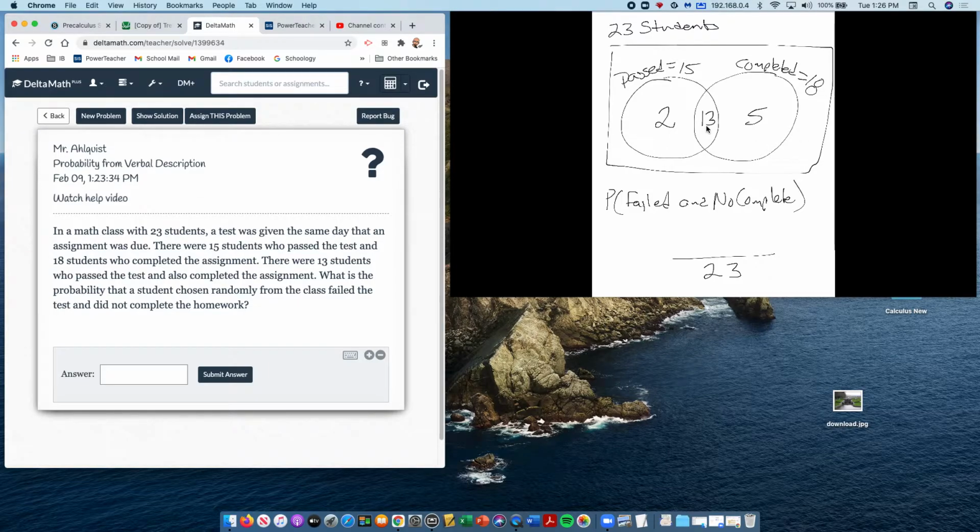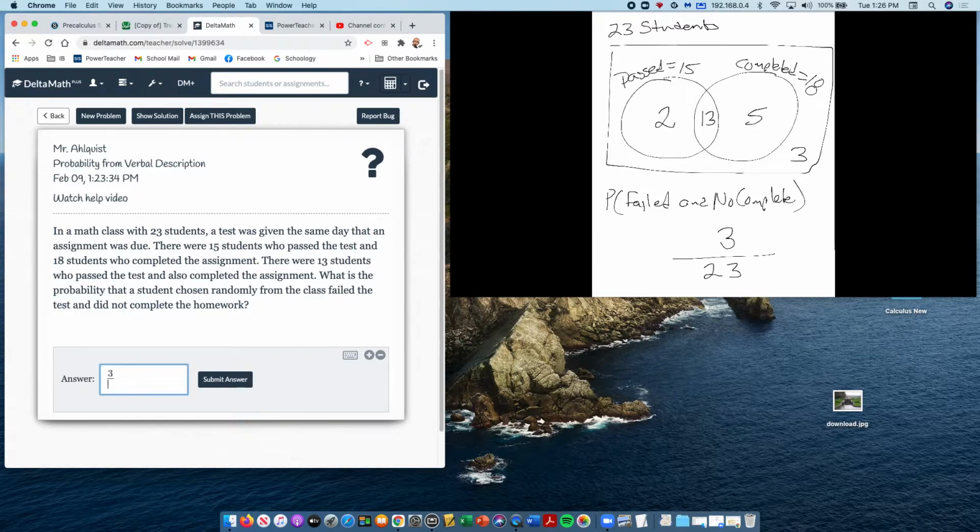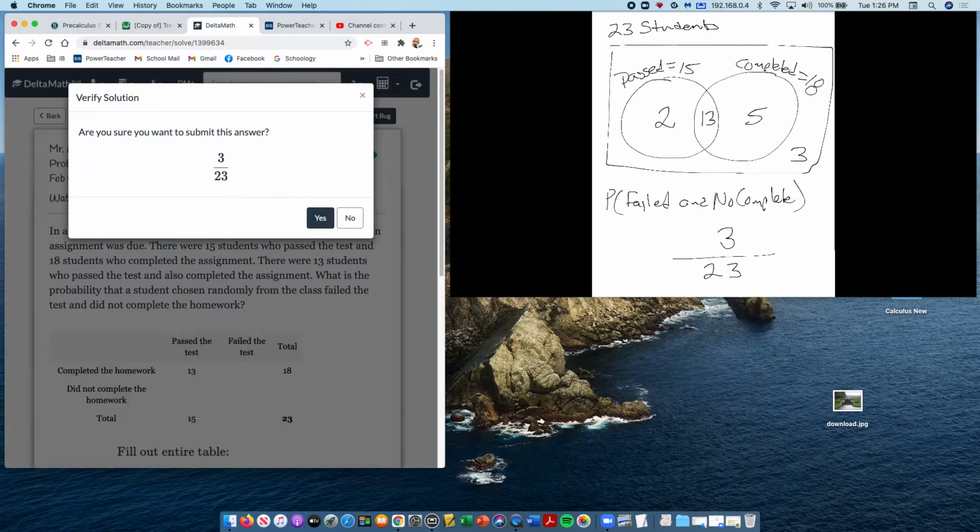You've got 13 plus 5 is 18, plus 2 more is 20. So we've got 3 students out here that fall into that category. So it's 3 out of 23.